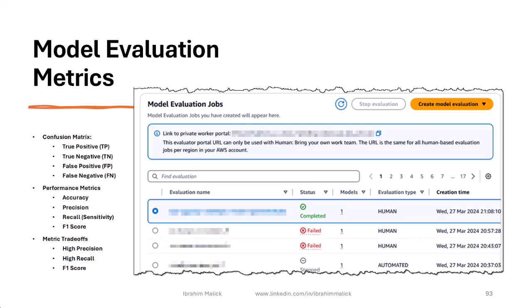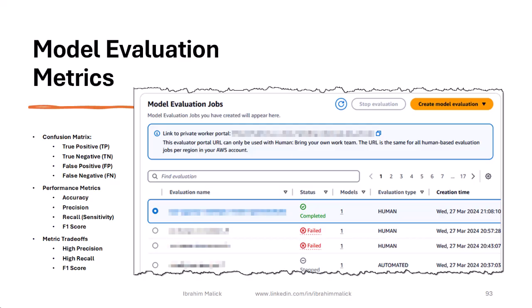Precision asks, when our model says something is spam, how often is it right? It's like measuring how trustworthy our spam alerts are. Recall, also called sensitivity, asks, out of all the actual spam emails, how many did we catch? It's like measuring how thorough our spam detection is.